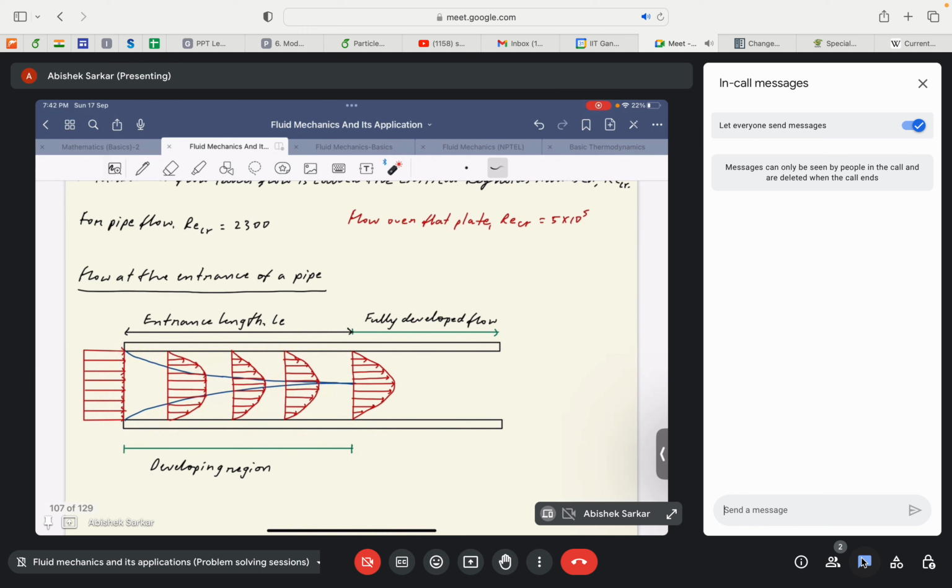As we briefly saw during the discussion on boundary layer, this region is the viscous region, right? Within a boundary layer, the viscous effects dominate, and outside the boundary layer is the potential flow region, right?